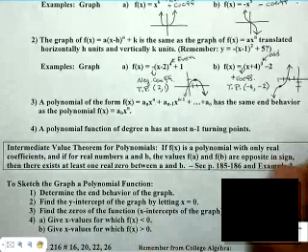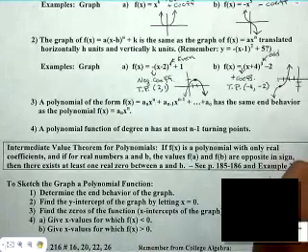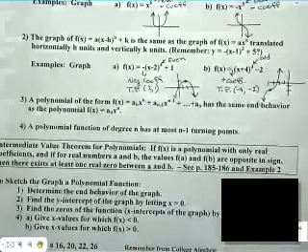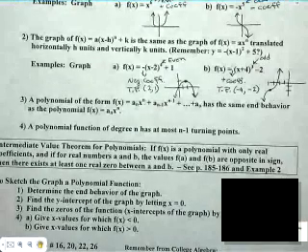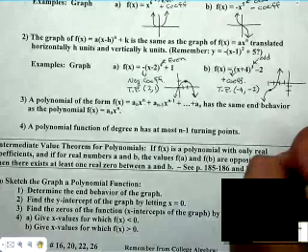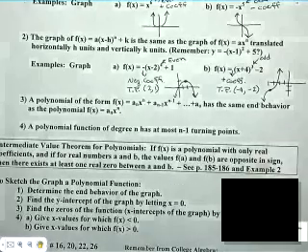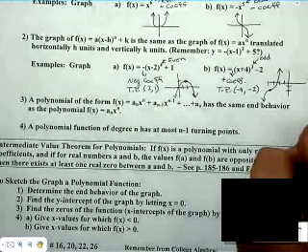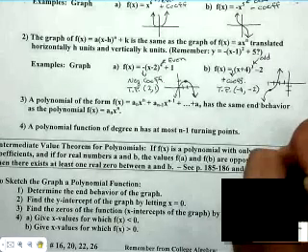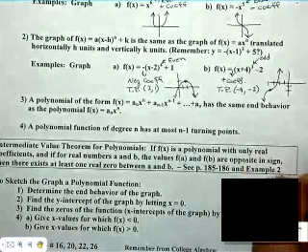There are two x values, a and b, and f of a and f of b are opposite in sign. F of a might be positive. If f of a is positive, then f of b is negative.